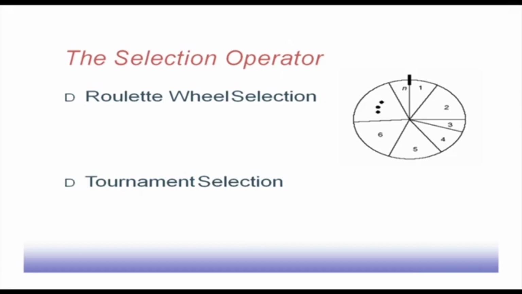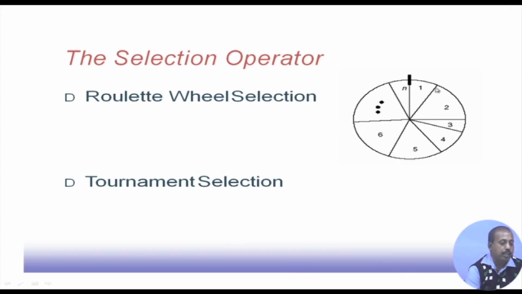This selection process can be made using two different techniques. One is called roulette wheel selection, another is called tournament selection. In roulette wheel selection, the individuals 1 to n are put on a roulette wheel. Depending upon the fitness of the individuals, each is assigned a range of values on this wheel. Say individual 6 has the largest fitness, so it is given this much of the region of the wheel.